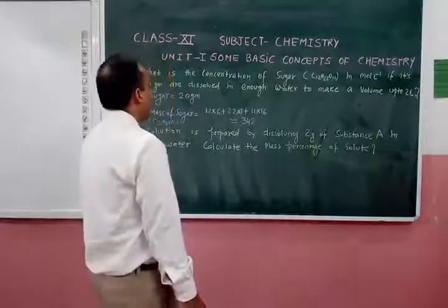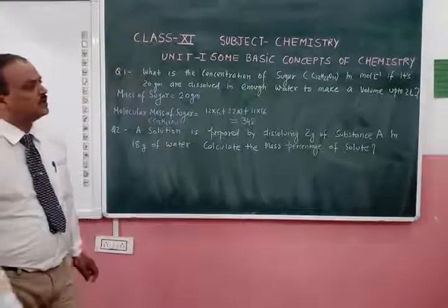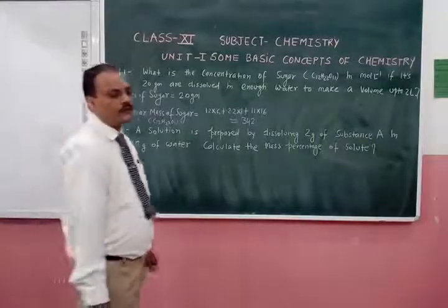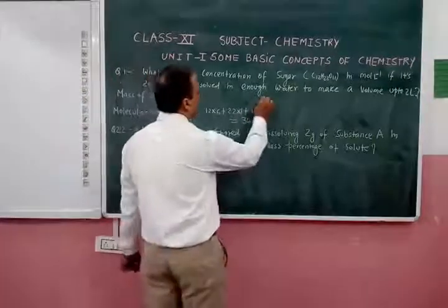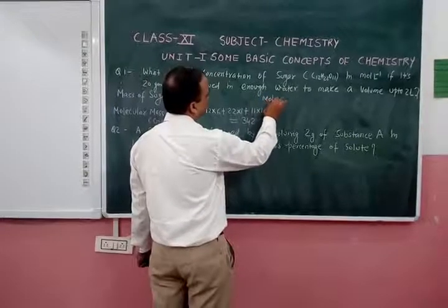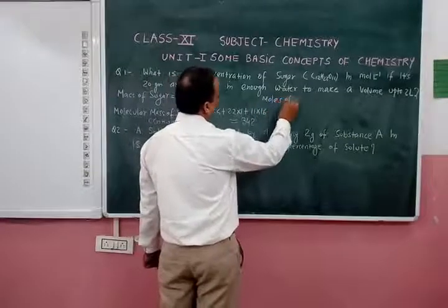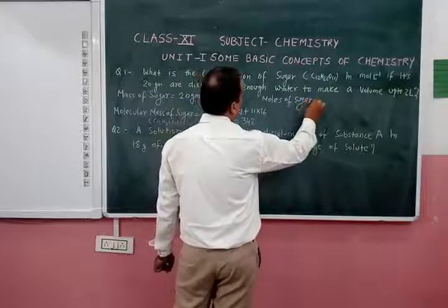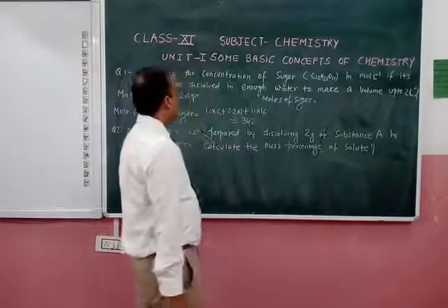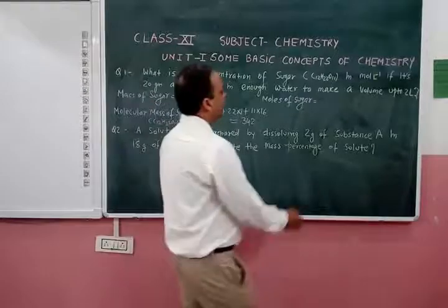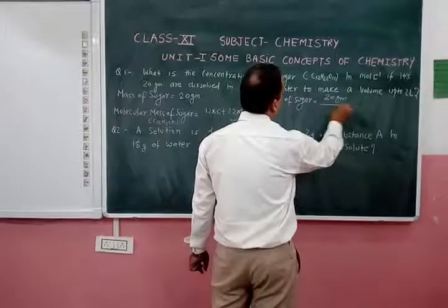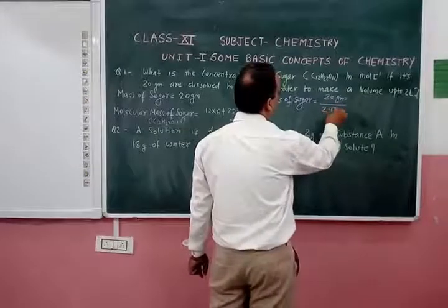Now what is the moles value for this sugar? Moles of sugar equals 20 gram divided by 342 gram.